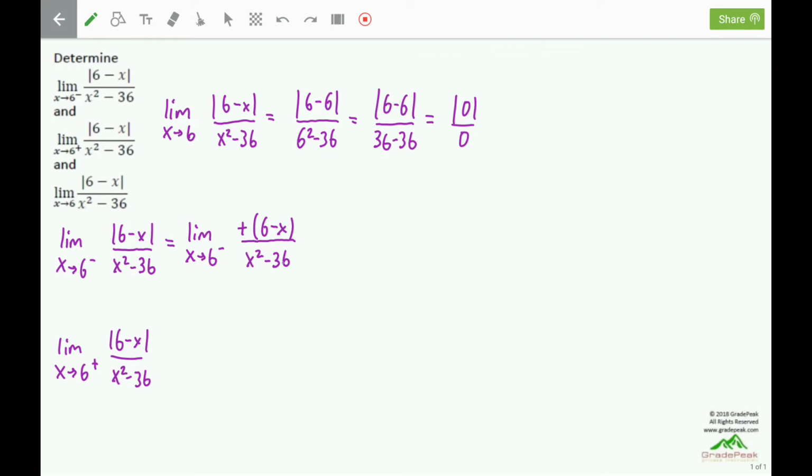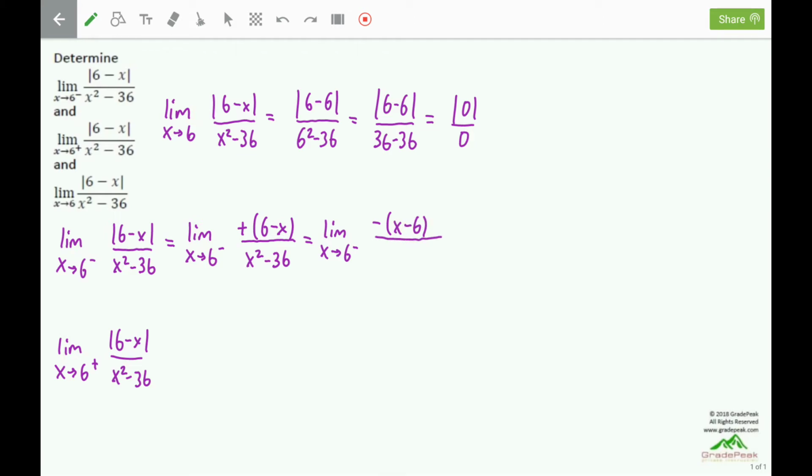At this point, we have the 0 over 0 indeterminate form, and we will continue to have that until we can factor and cancel. Now in the numerator, I'm going to factor a negative out of it so that the x becomes a positive and the 6 becomes a negative.